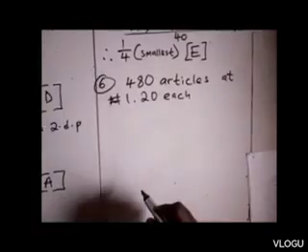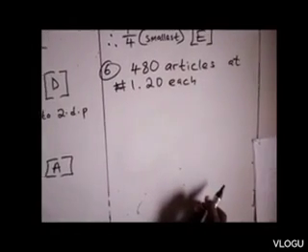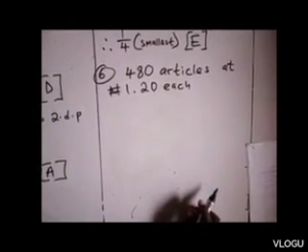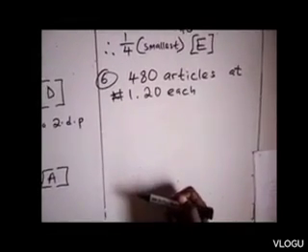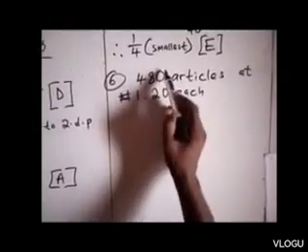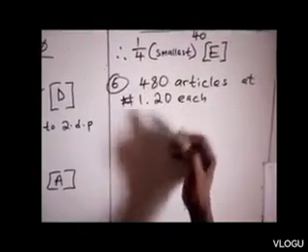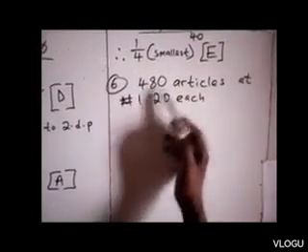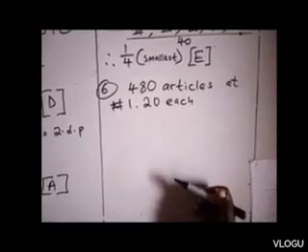Now to do this, let's multiply 1 naira 20 kobo by 480. To start with, to make the work very easy, if I take away the 0 here, that is multiplying by 10, 1.2 will give us 12. These are logics you should know in mathematics when solving a question.